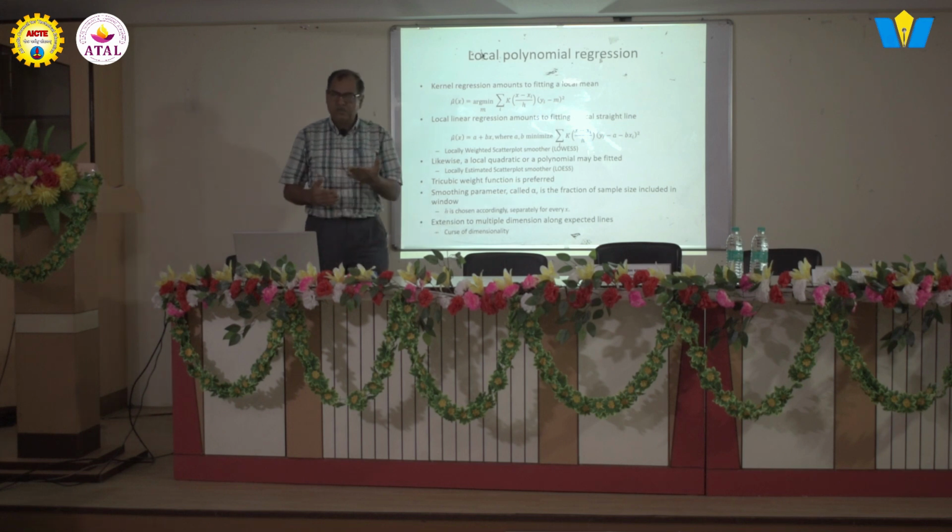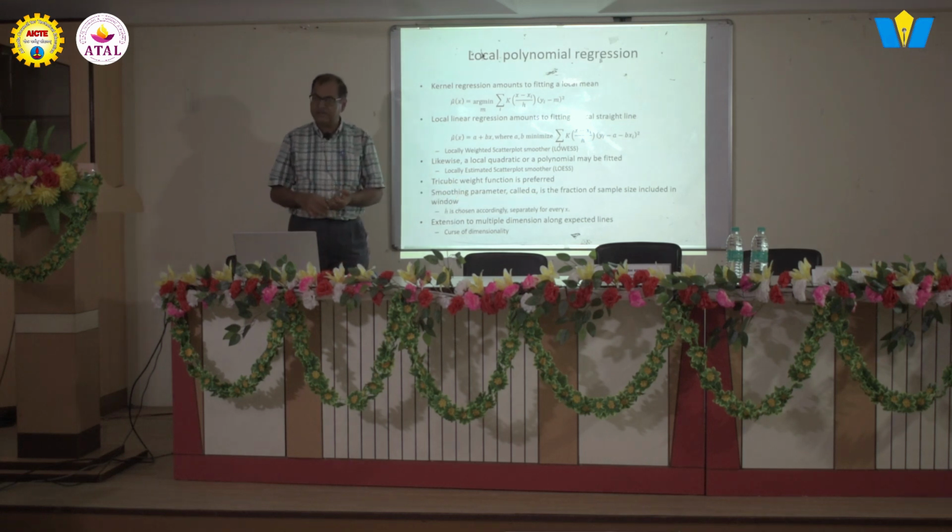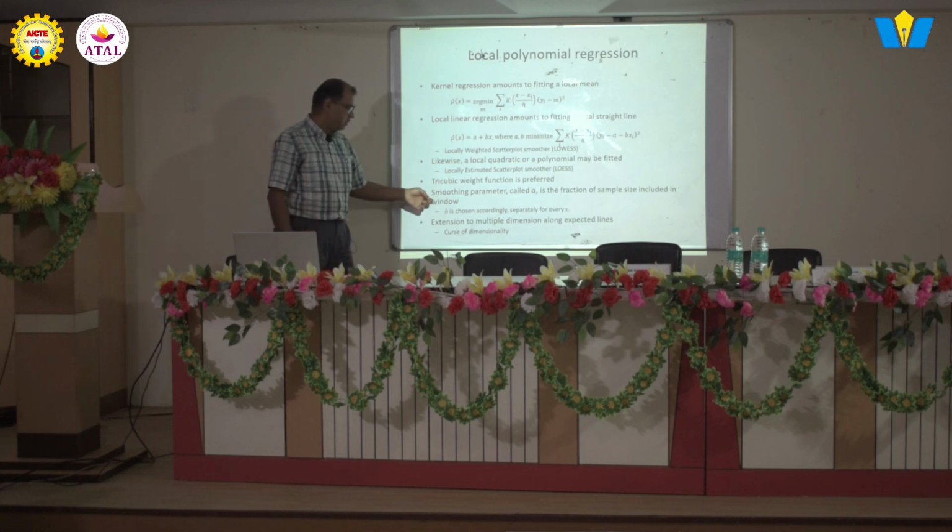So far we have seen selection of bandwidth for kernel regression, selection of fixed neighborhood size for k nearest neighbor regression, and now selection of a fixed fraction of the sample size for LOESS. So these are all equivalent characterizations, but the philosophy is slightly different. For k nearest neighbor, the philosophy was to find a certain number of neighbors, and that number will be the same everywhere. And here it is the fraction of the total number of cases. So that is what is optimized.